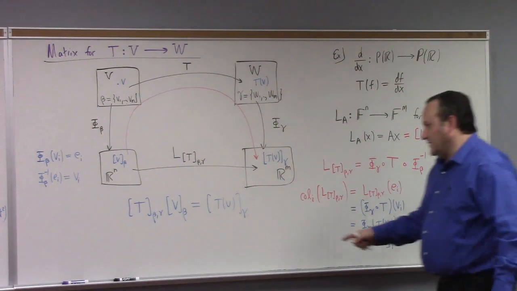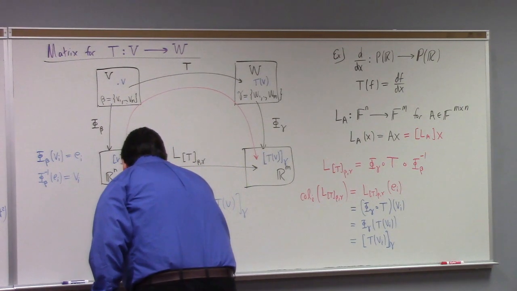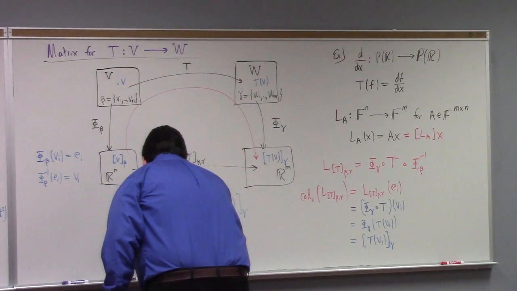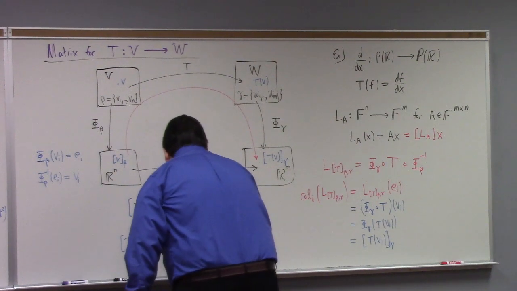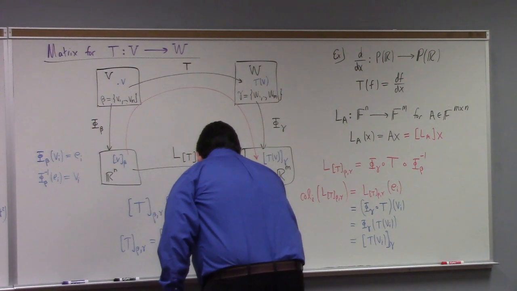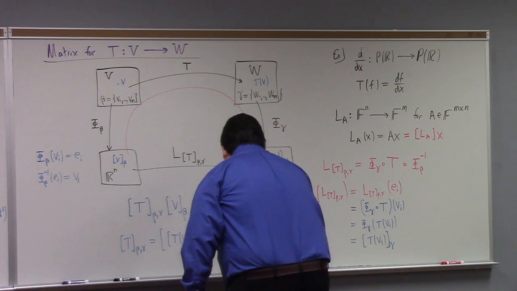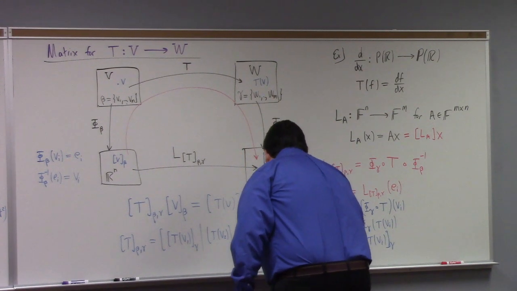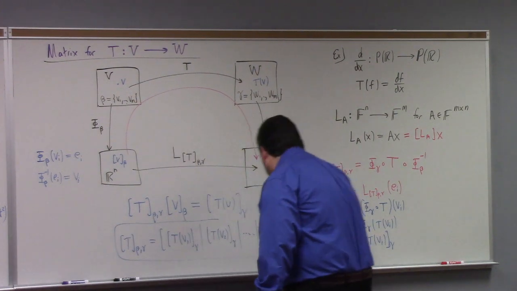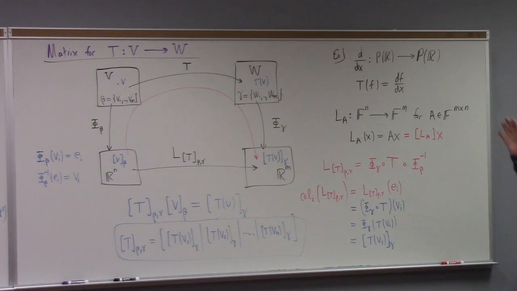This suggests that if we want a specific formula for T beta gamma in terms of the bases involved, you find the coordinate vector with respect to the gamma basis of the image of each basis vector of V. Sorry, I'm messing up my v's and w's, but the formula I'm writing is true. So there you go. There's a stone-cold formula for finding the standard matrix of a linear transformation from a vector space V to a vector space W with respect to a pair of bases.